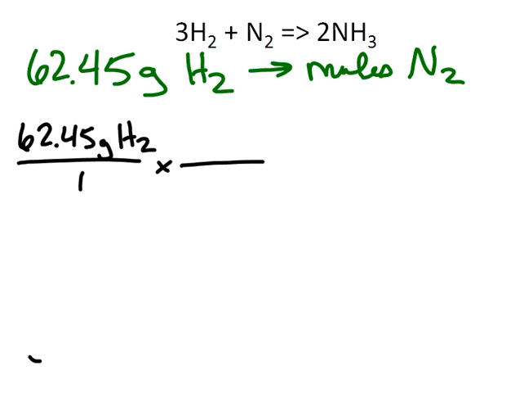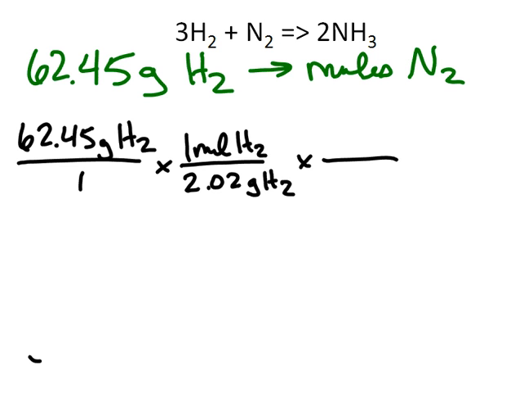In this case, the molar mass of hydrogen is going to be 2.02 grams of hydrogen, since it's diatomic, and this is for every 1 mole of hydrogen. And then, here's the trick, there's 3 moles of hydrogen here and 1 mole of nitrogen there, so you've got to use a molar ratio. There's 3 moles of hydrogen for every 1 mole of nitrogen.